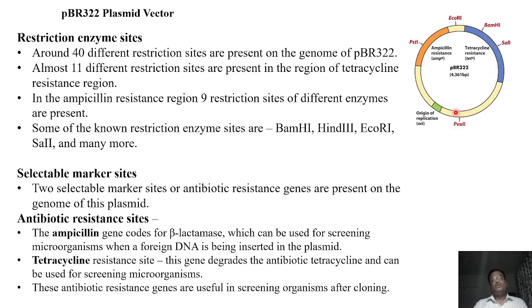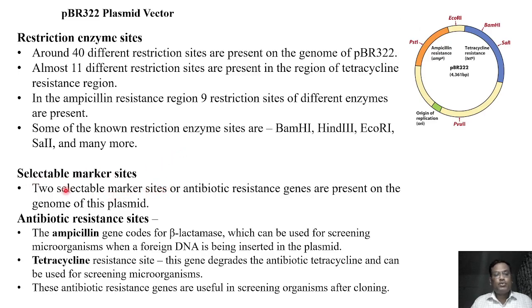Based on that, you can screen. That is the importance of the presence of antibiotic resistance sites. The ampicillin resistance region also has 9 restriction sites. Some of the known restriction enzymes are BamHI, HindIII, EcoRI, SalI, etc.